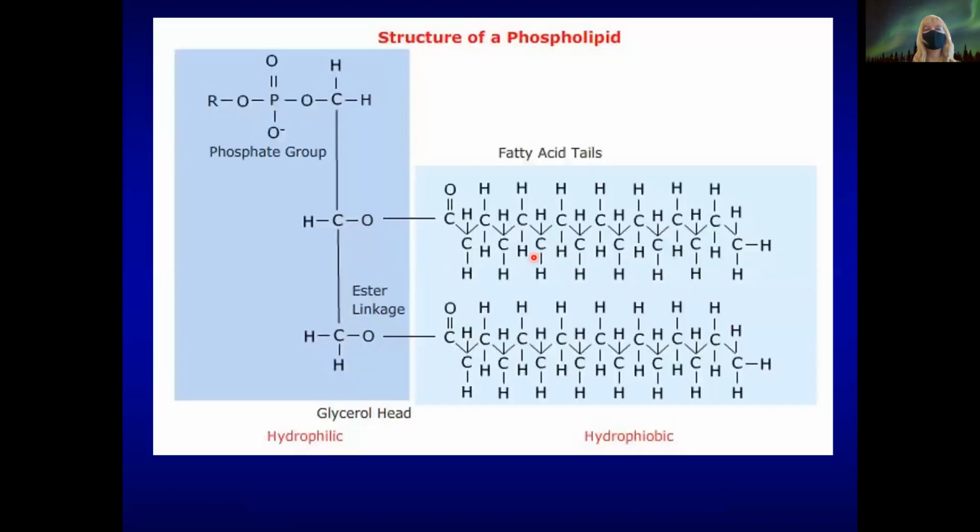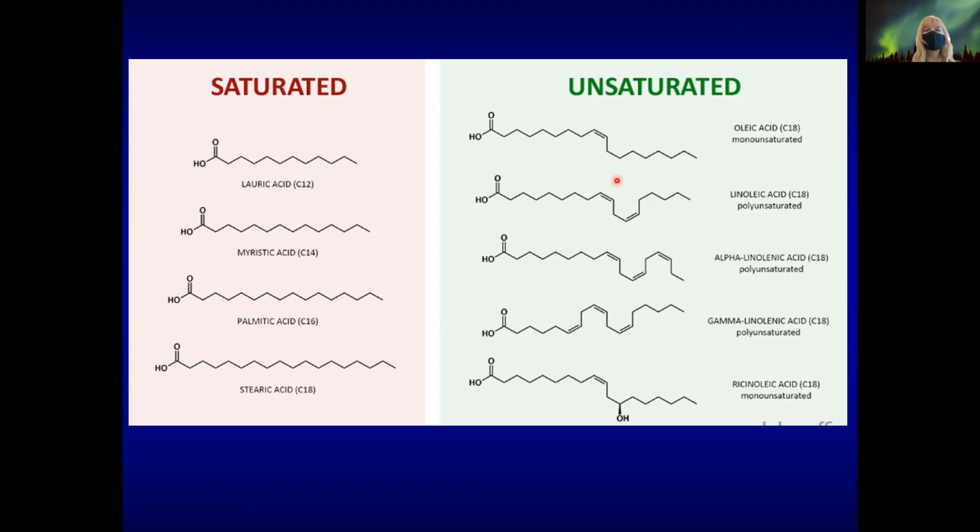These are carbon-to-carbon bonds, and this example is also fully saturated, with no double bonds between the carbons. In the unsaturated, here you have one double bond, so it's monounsaturated. If it's more than one, it's polyunsaturated, but it can vary: two double bonds, three double bonds.